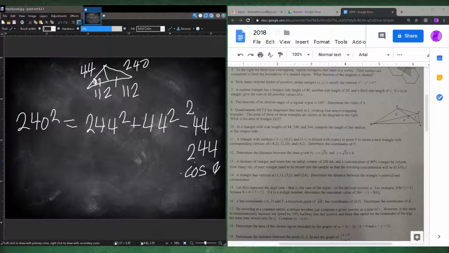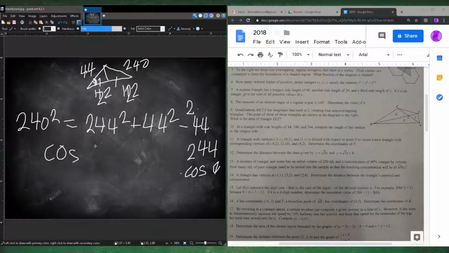Oh, sorry, this is 122. Sorry about that. But the calculation is still the same thing. I was using different numbers anyway. So when we rearrange everything to isolate the cosine of theta, we get that, divided by negative 2, by 44, and by 244, is equal to 11 over 61.